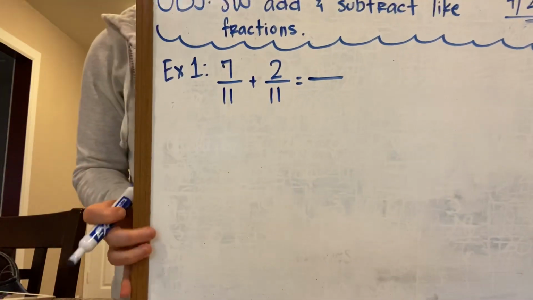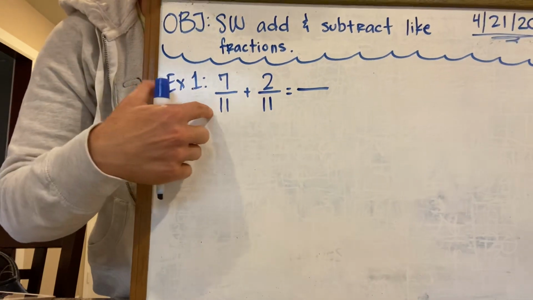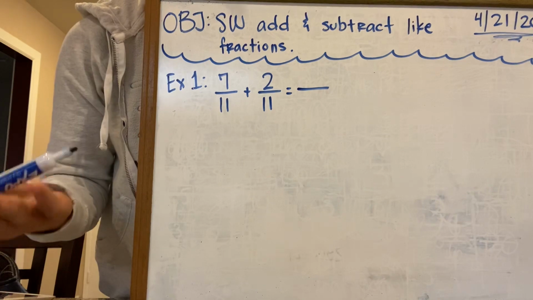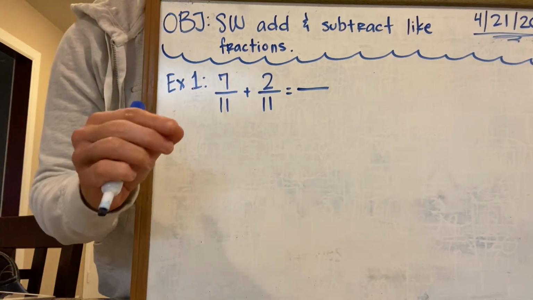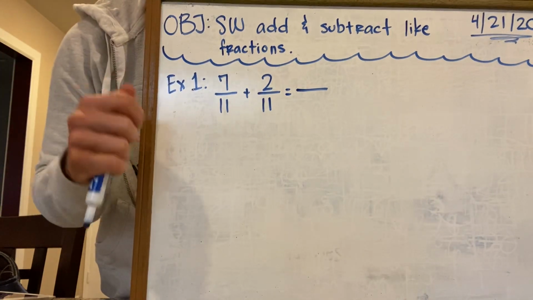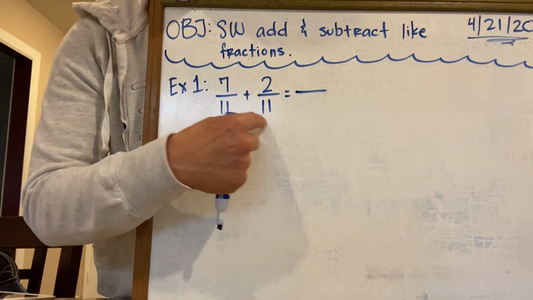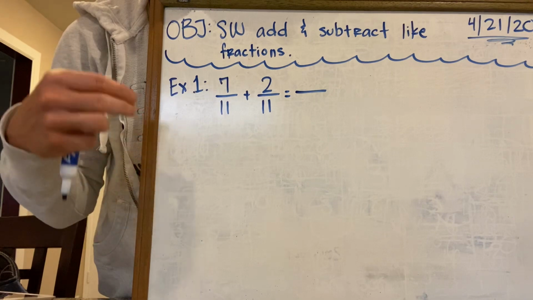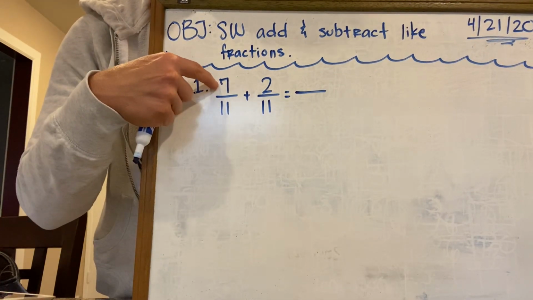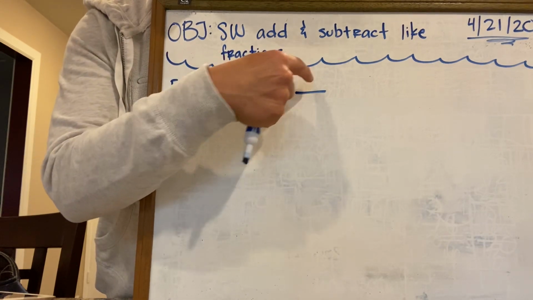If you look at the fractions here, you notice that the denominators are both the same. The fractions are similar because the denominator is the same, meaning both fractions are divided in the same way. All I have to do is add the numerators across the top, okay?